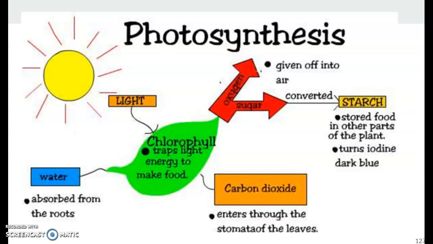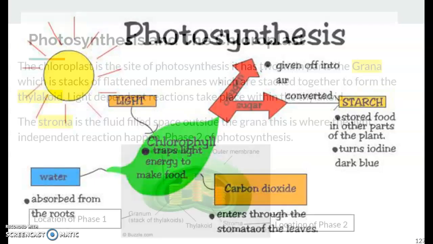Light is absorbed by chlorophyll in the leaves, right? Carbon dioxide enters through the stomata of the leaves, and all of this happens to produce glucose and release oxygen into the air. All right, so plants are extremely important.